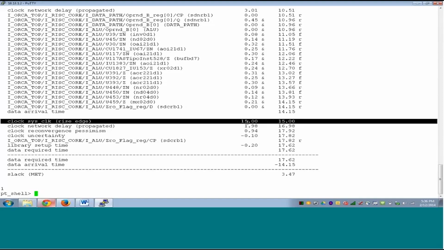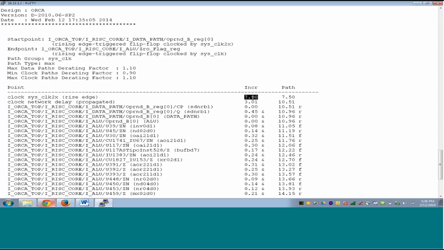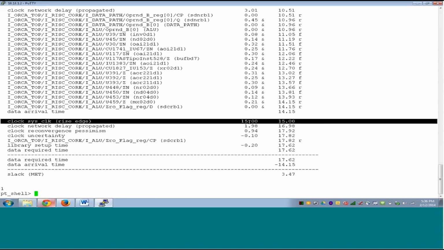Anytime you have a launch and a capture between two clocks that are either divided by 2 or multiplied by 2, the period you get is one period of the faster clock. Here the faster clock is sysclock 2x. The period is 7.5. What is the difference here? 7.5 and 15. The difference is again 7.5. So this is a setup check. You can even do this the other way around.